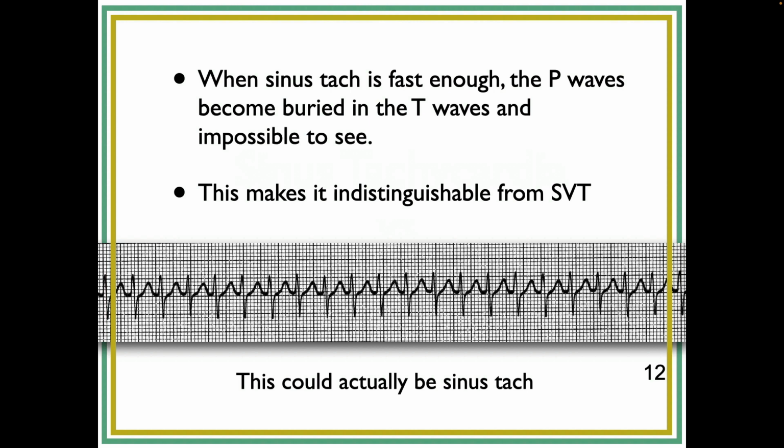Somebody remind us, let's say the rhythm actually is AVNRT, the one with the re-entry circuit going round and round the AV node. Why does cardioversion work to convert that to a normal sinus rhythm?